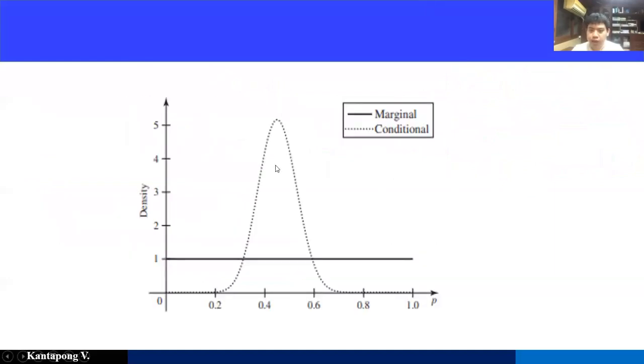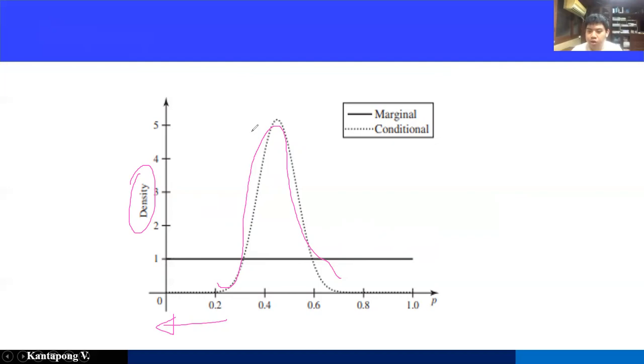So this one is the conditional. The conditional varies based on X. For the marginal, whatever X is, the P stays the same.